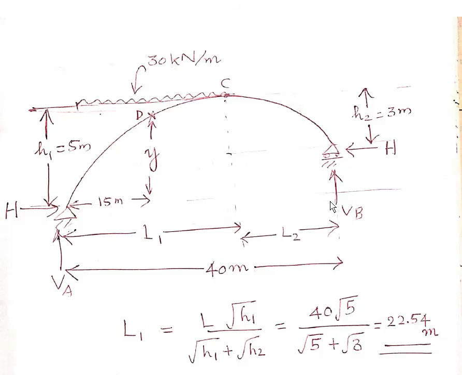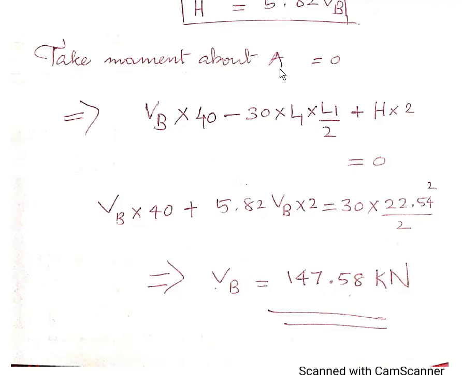So the moment about point A is equal to VB into 40 plus H into 2 minus 30 into L1 into L1 by 2. Getting? So take the moment about A equal to 0. This is the equation: VB into 40 minus 30 into L1 into L1 by 2 plus H into 2 is equal to 0.